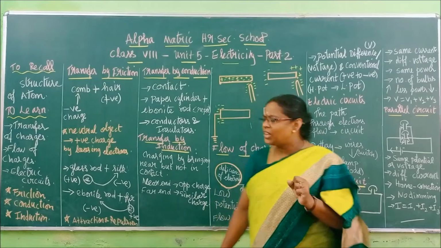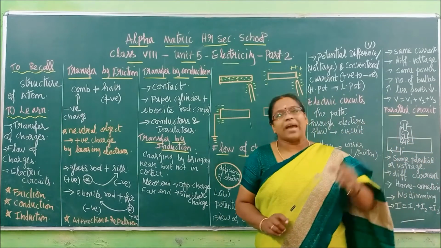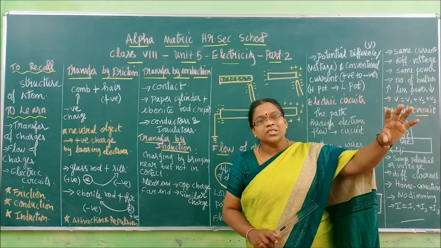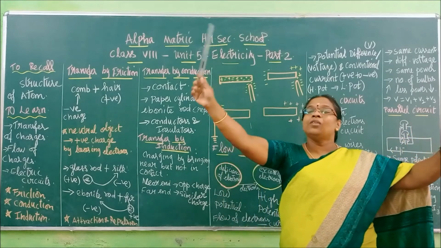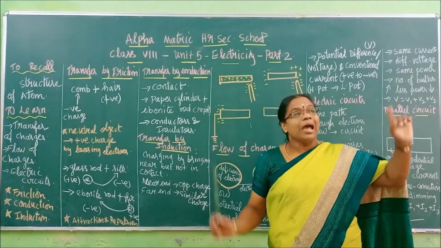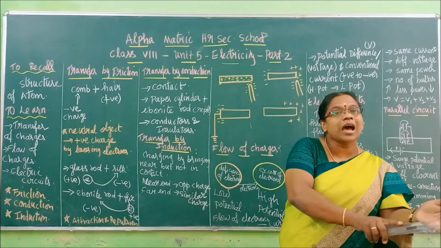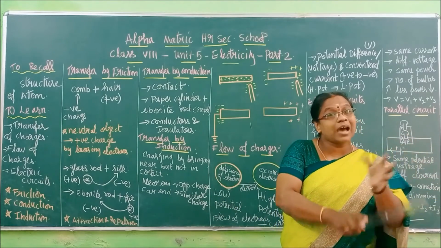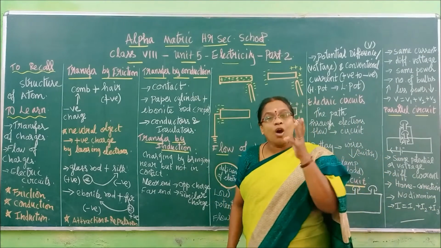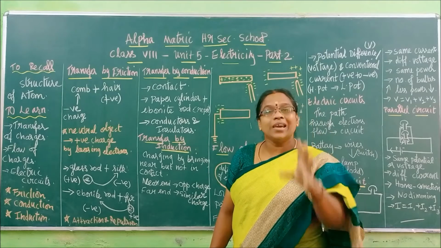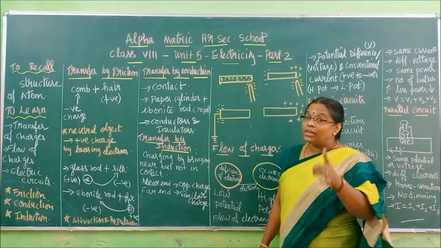What is potential difference? For example, when we switch on the fan, our switch circuit will be at one potential and the fan at another potential, and there should be some difference of potentials. Only then will flow of charges happen from one area to another. So for electrons to flow, there should be some potential difference, otherwise called voltage.